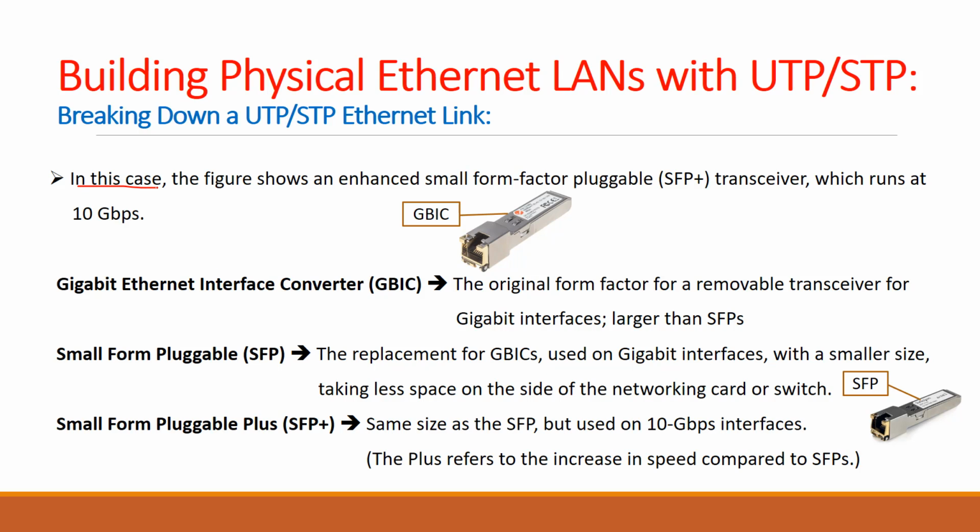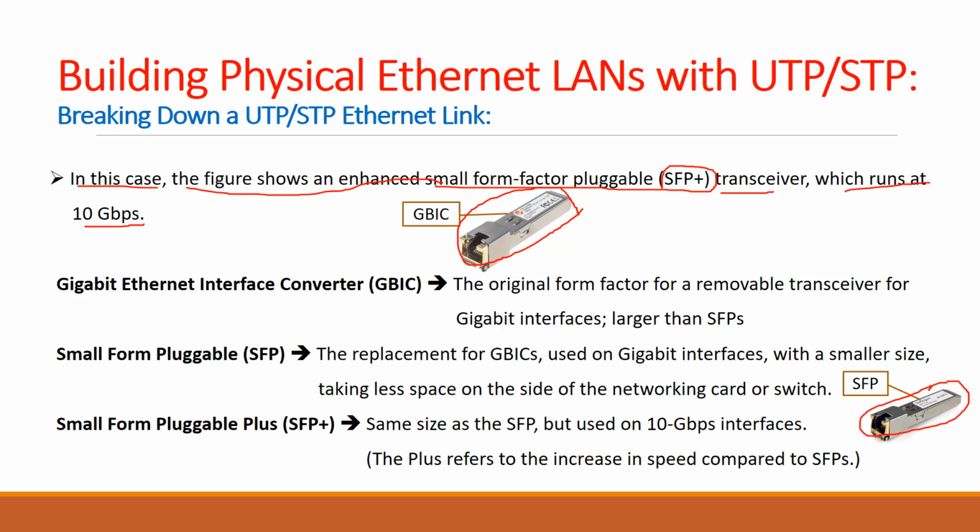So in this case, the figure shows an enhanced small form factor pluggable, or SFP plus transceiver, which runs at 10 gigabit per second. The old one we called GBIC, and the newer one we call small form factor pluggable.